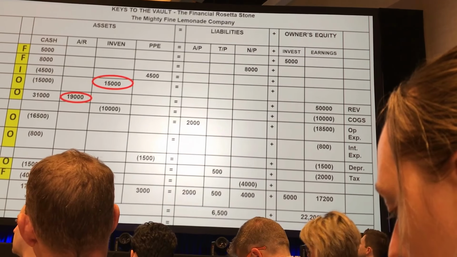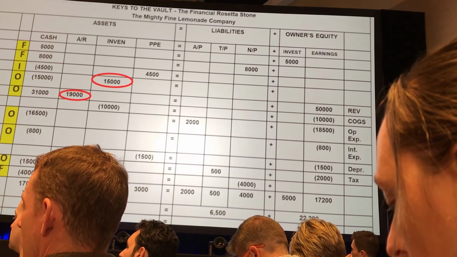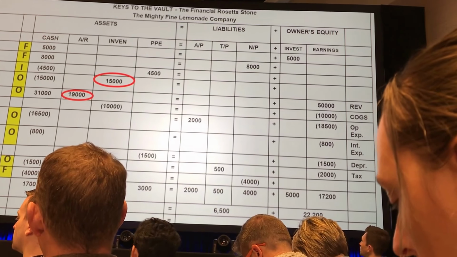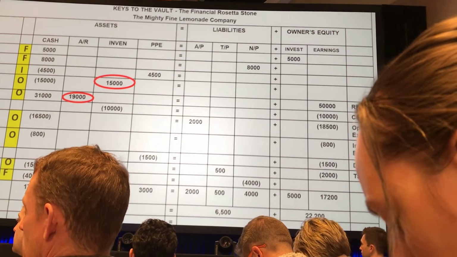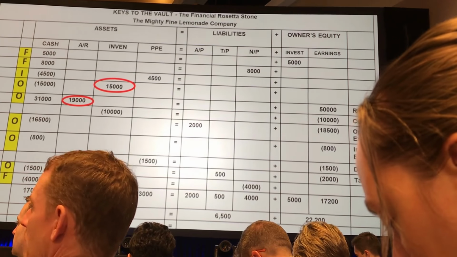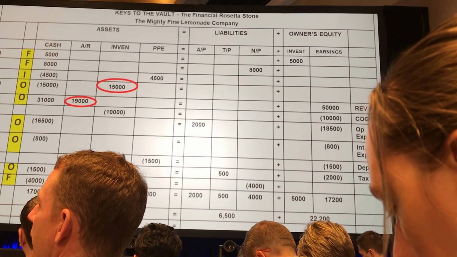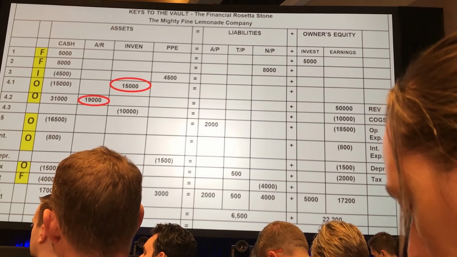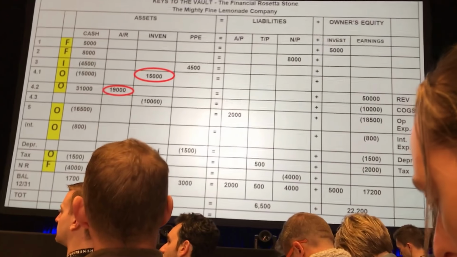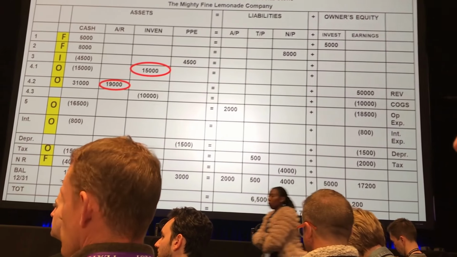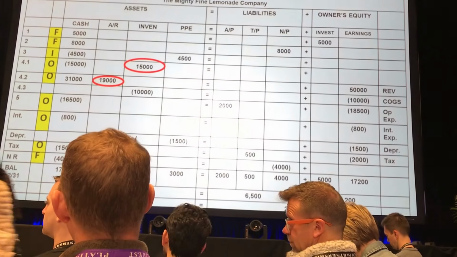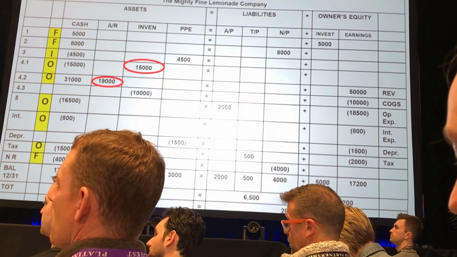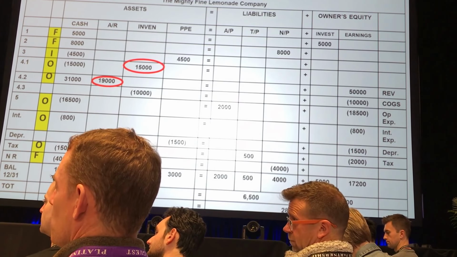So I've got 2 items so far that whacked our operating cash. Inventory is $5,000 too much. Now keep in mind, my cash flow problem is only $2,800. So had I bought the right amount of inventory, that would have solved that problem. Hello? Yes. AR is $19,000.